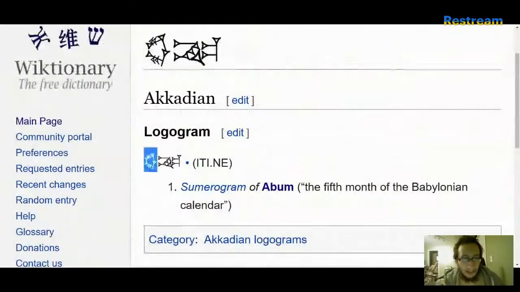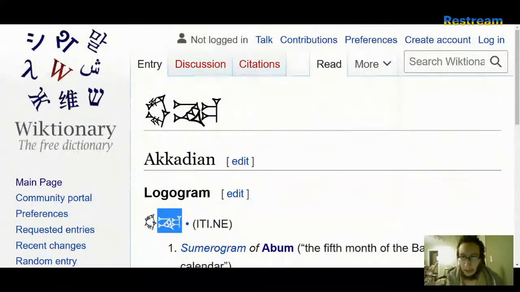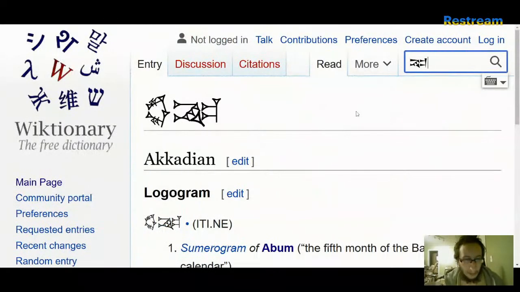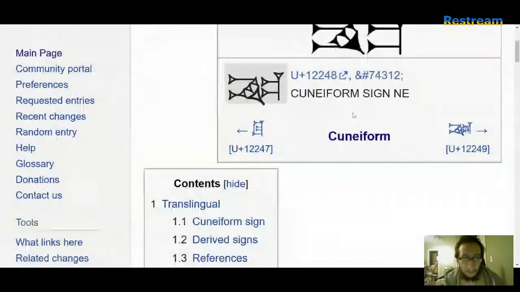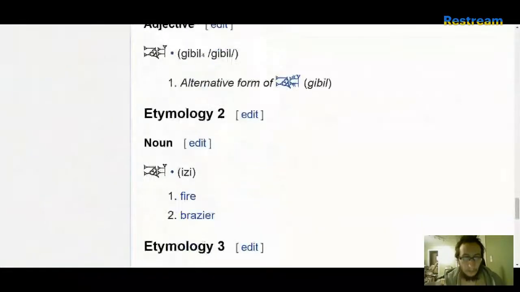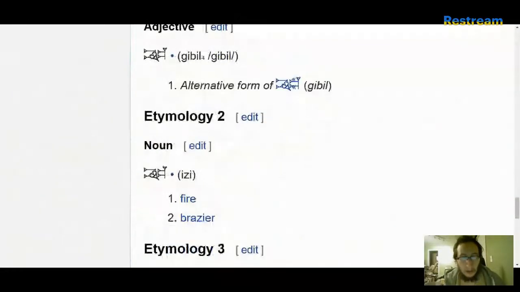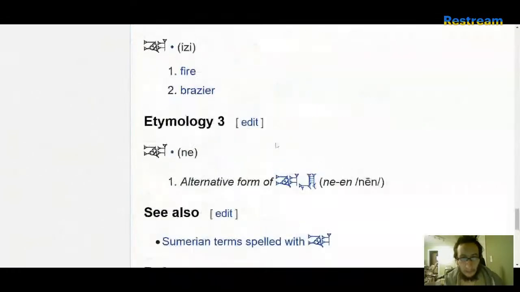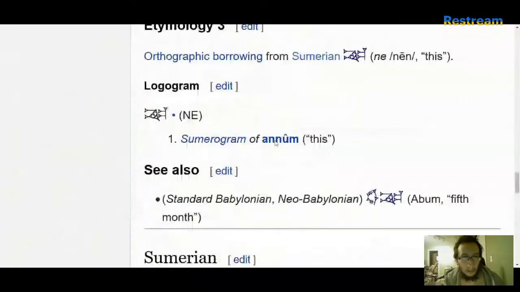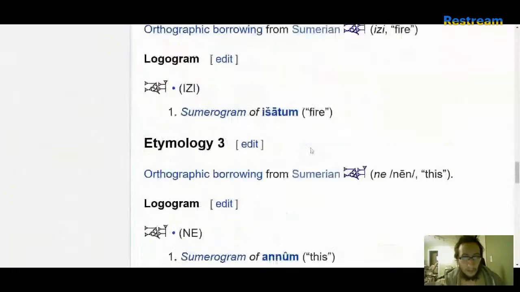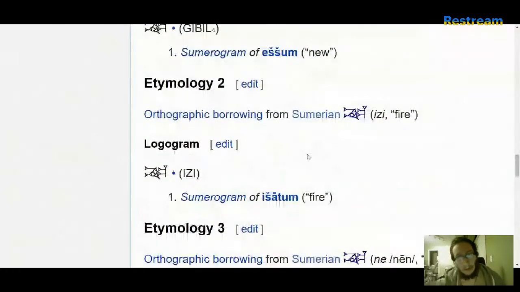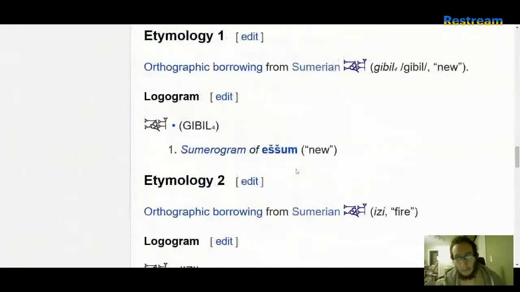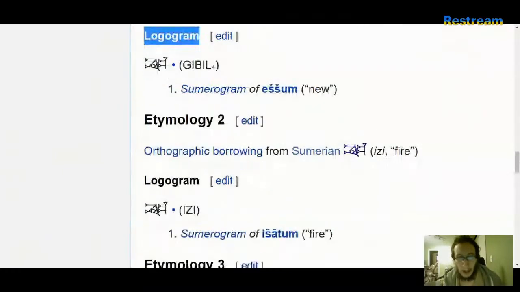But if we look here, the logogram way of spelling it, this word again is month, and this word, let's take a look. What's this word? Fire. Yeah, so potentially it could also mean new, or fire.